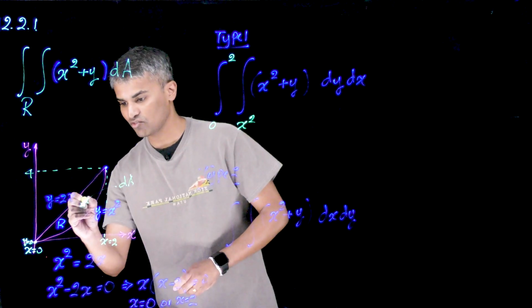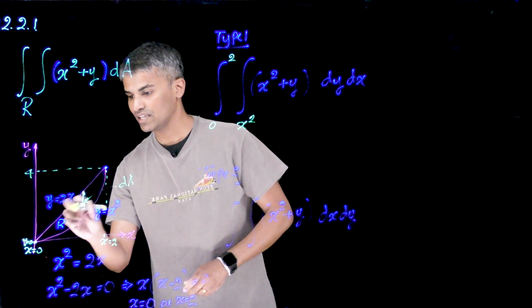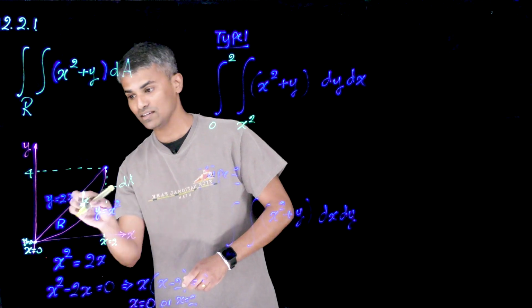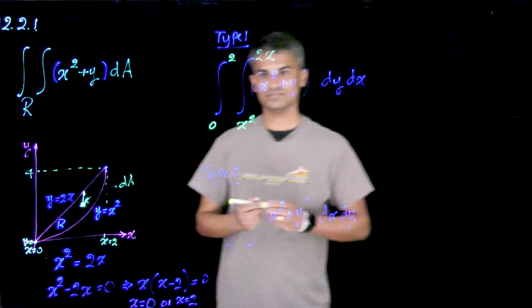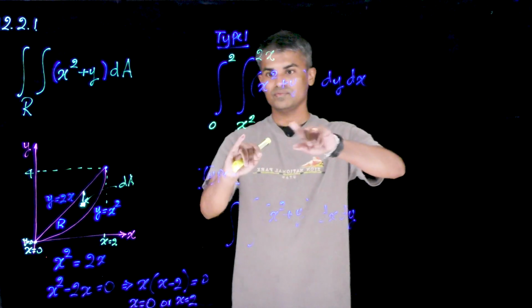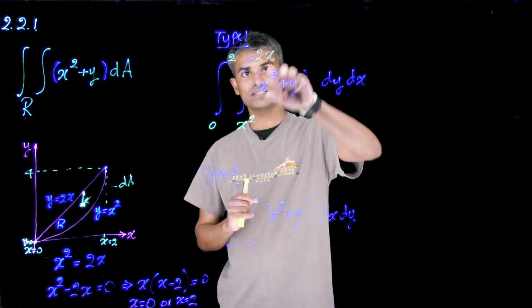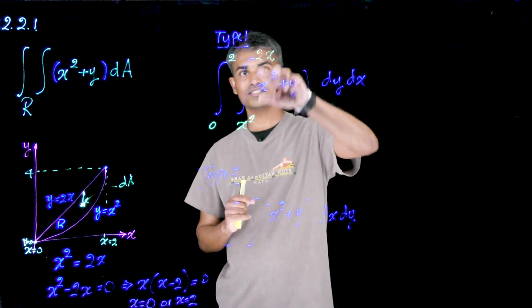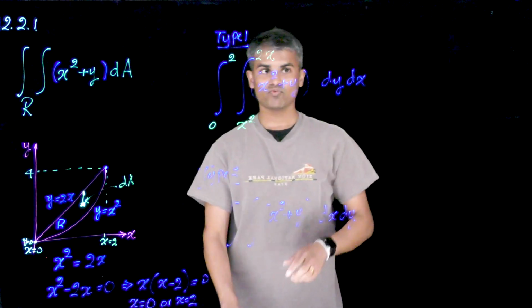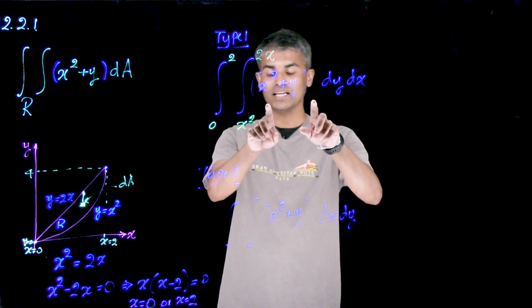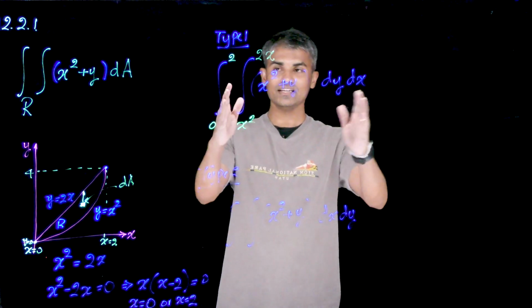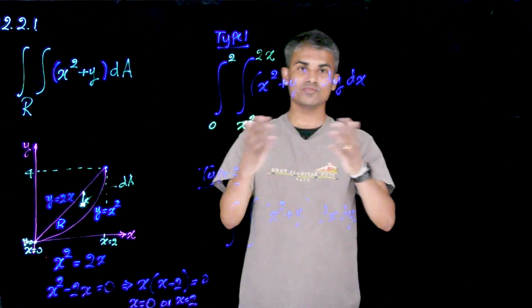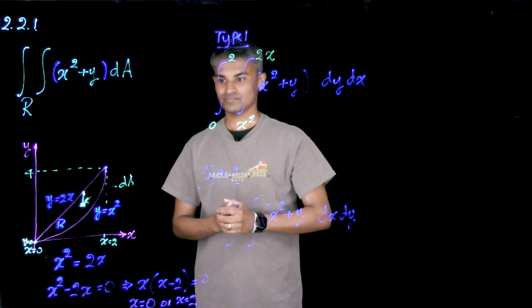And the upper limit of y is given by this straight line, 2x. These two limits are functions of x, because once you integrate with respect to y and apply them, you get a function of x, and then if you solve the outer integral, you get a constant.